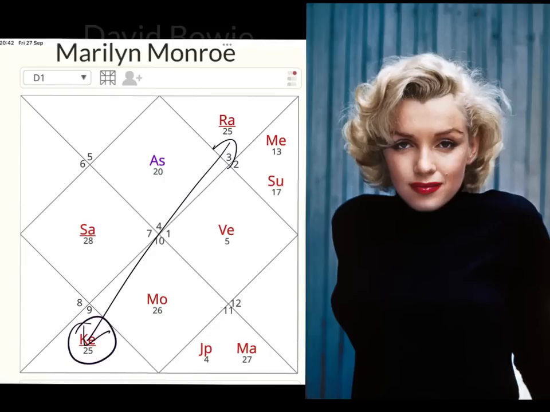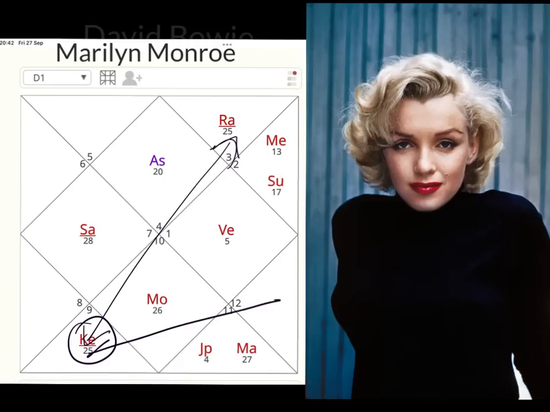Can you see? Ketu, karmic factors, past life, loss, danger, house of enemies. It's going to have a factor on her deathbed because that is 12th house. Of course, Ketu is affecting all the other mutable dual signs.